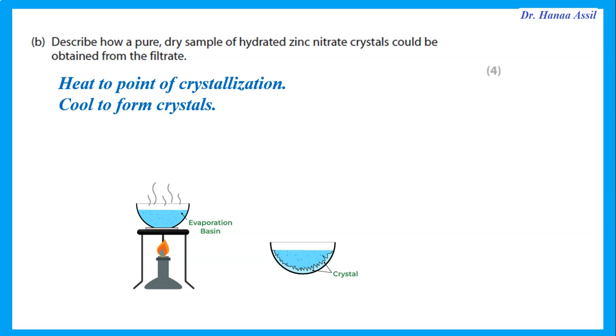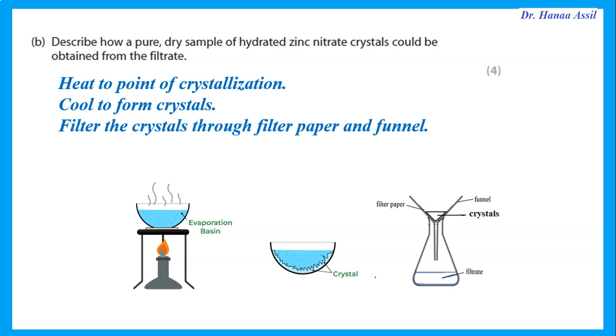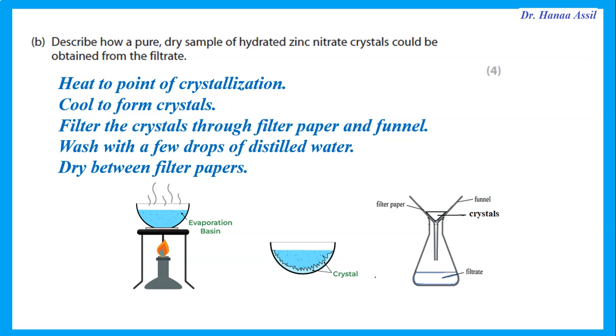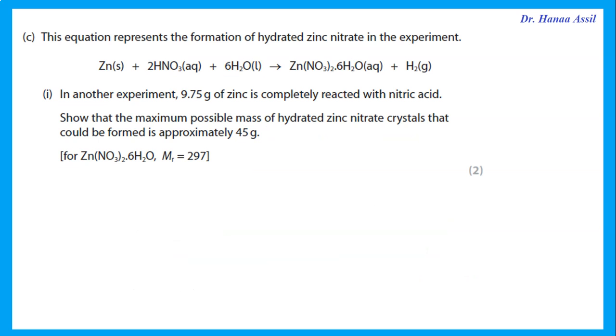Please don't forget to say cool to form crystals. Then filter the crystals through filter paper and funnel, wash with a few drops of distilled water, dry between filter papers. This is how we do crystallization, obtain crystals from a filtrate.